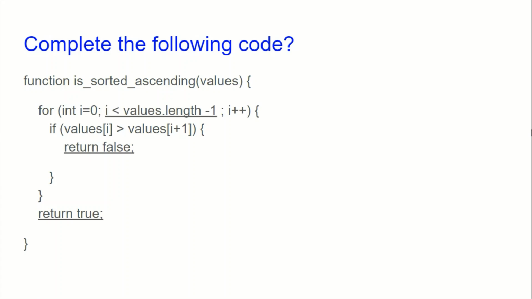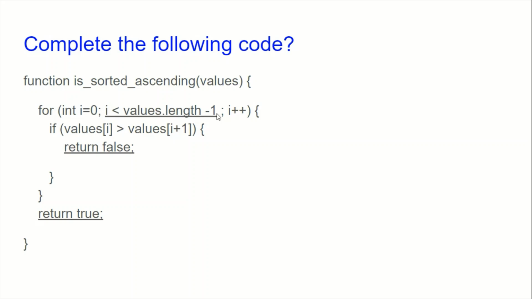Let me explain why in the condition we should say i less than values.length minus 1, not values.length. Because in the if statement, we compare these pairs. So for the last pair, i plus 1 should be length minus 1.